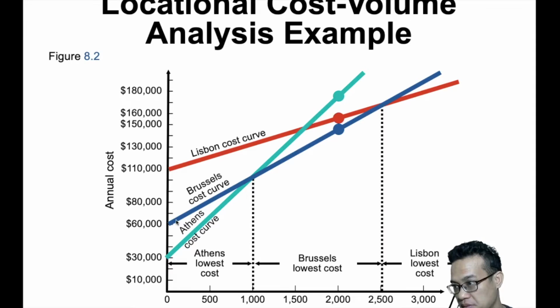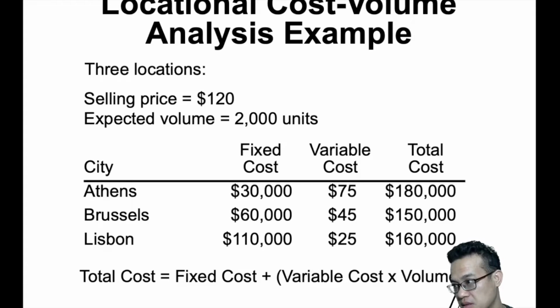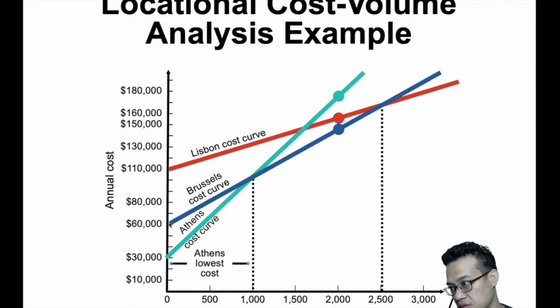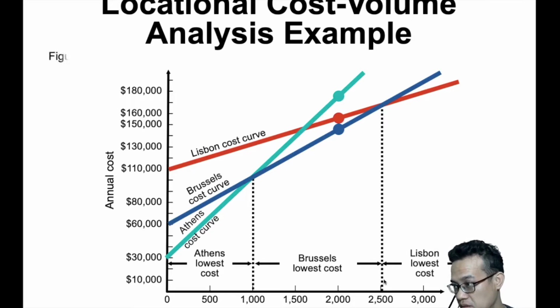So for example, Brussels: you can see that Brussels begins at 60,000. Why? Because 60,000 plus 45 times 0, and 45 times 0 is 0, so 60,000 will be the beginning point. Then you find any point much larger for the next point, let's say the point is here, so you just draw the straight line.